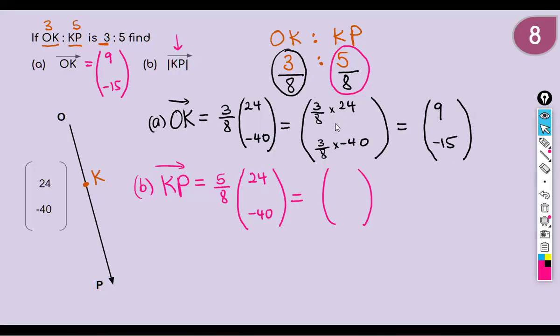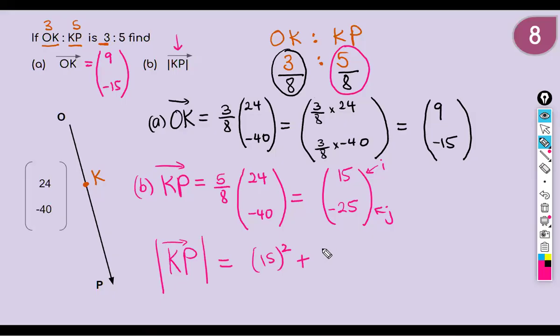5 eighths of 24 is 15, and 5 eighths of minus 40 is minus 25. So remember, secretly the top is i, the underneath is j. To find the magnitude of KP, which is what the question is asking for, take the i value, square it, put an addition sign, put the j value, square it, and you square root last.